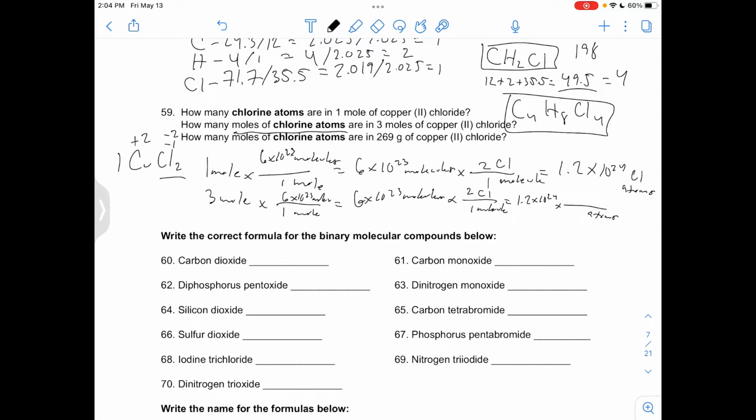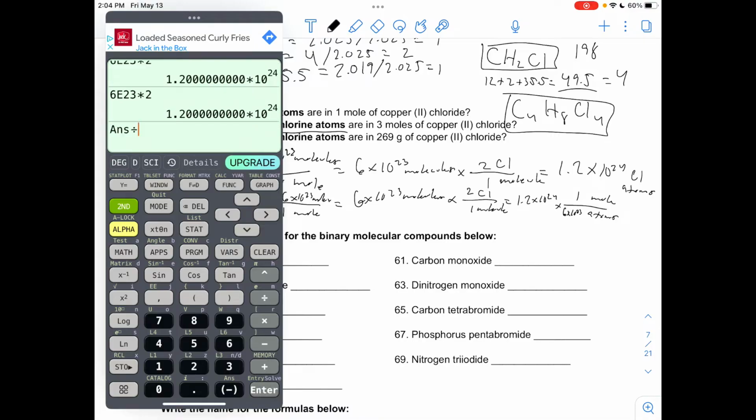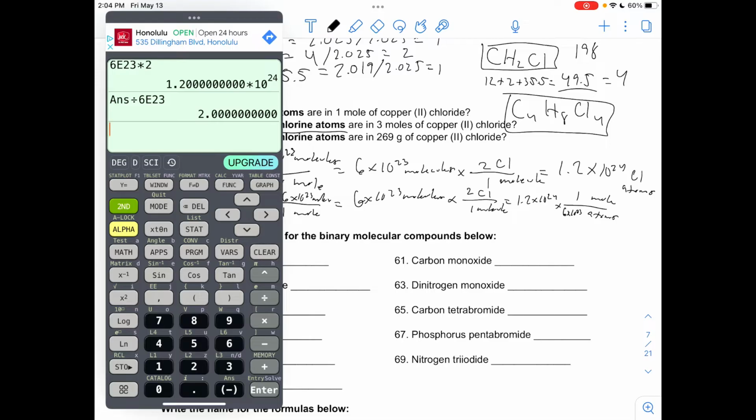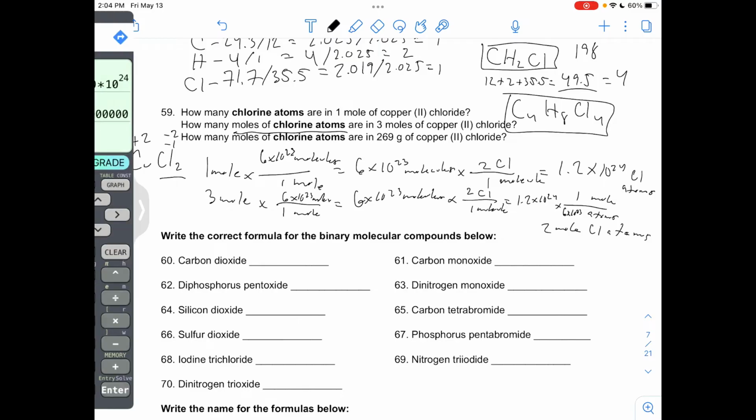So if I have this many atoms in 1 mole, I have, oops, wrong one. That goes on the bottom, 6 times 10 to the 23rd in 1 mole. So I'm just going to take that number that we just got and divide it by 6e23. So I'm going to have 2 moles chlorine atoms and 3 moles of copper chloride.